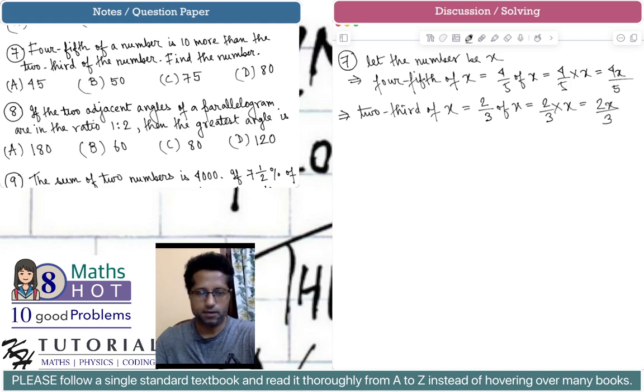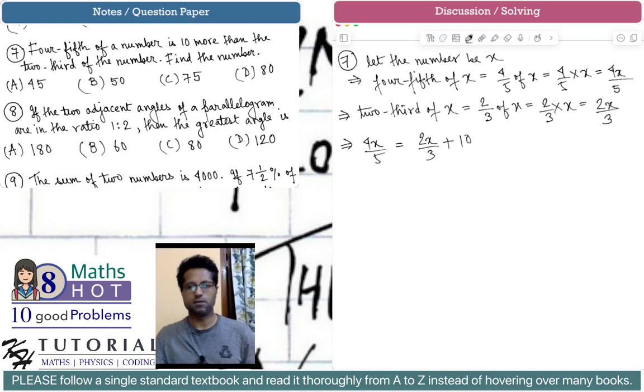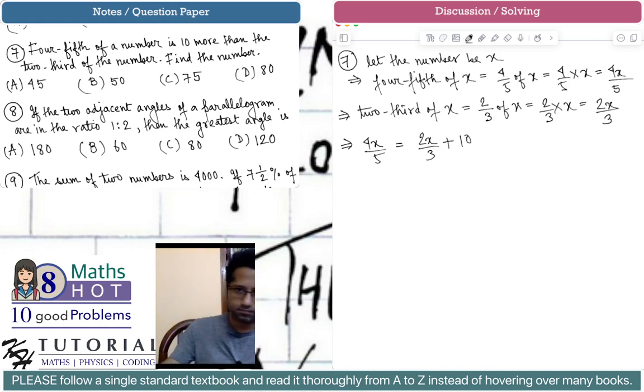So it is given that 4/5 of a number is 10 more than 2/3 of the number. So this implies 4/5 of the number is 4x by 5. This is 10 more than 2/3 of the number. 2/3 of the number is 2x by 3, and 10 more is plus 10. So we got this equation, linear equation in x.